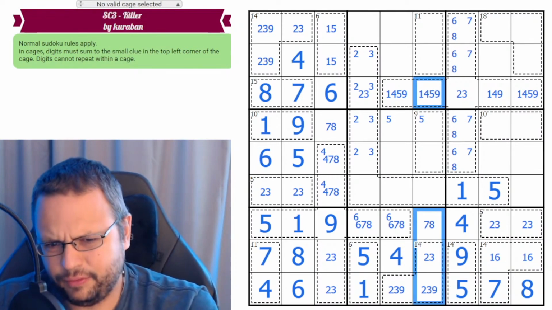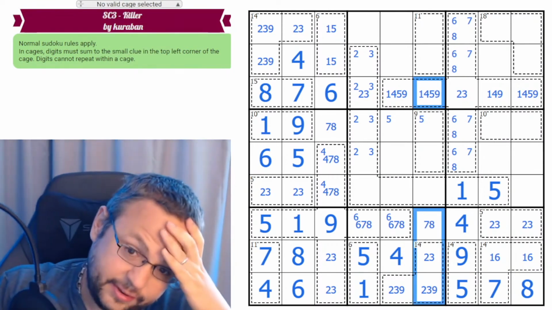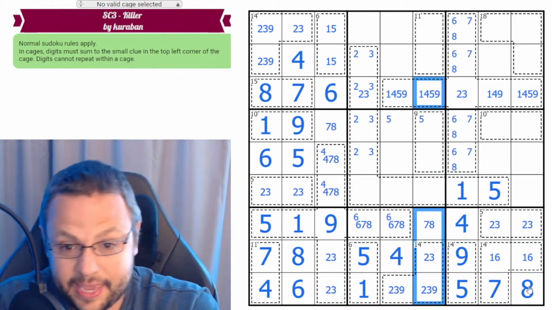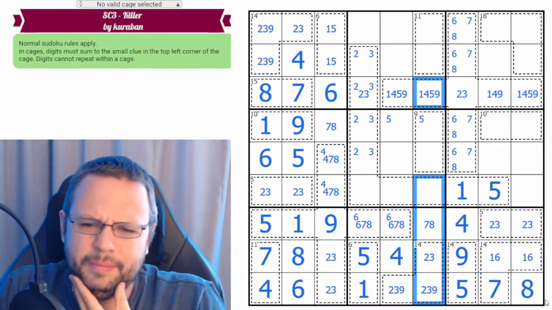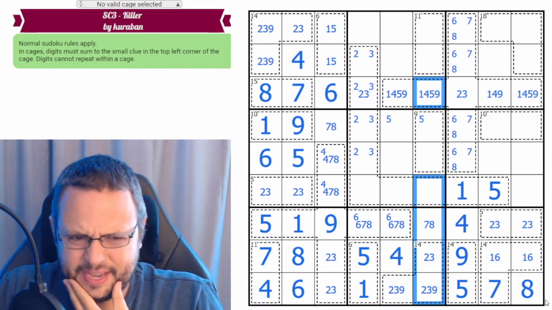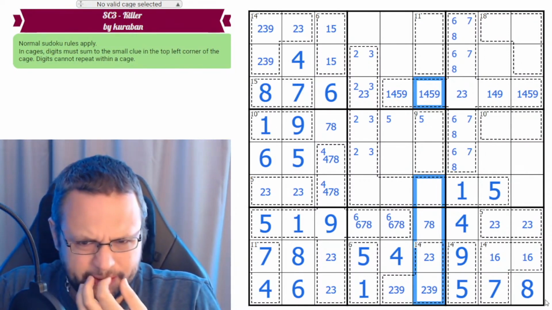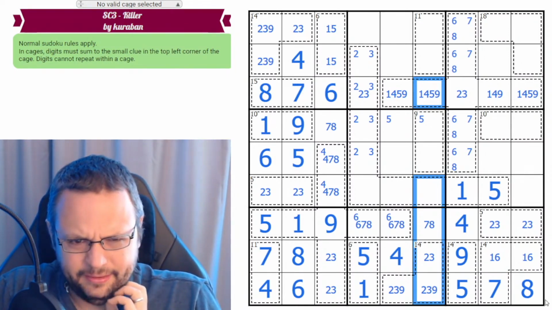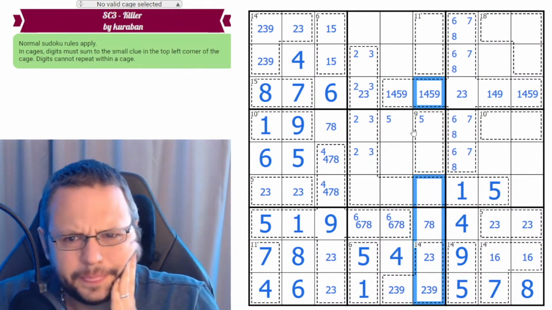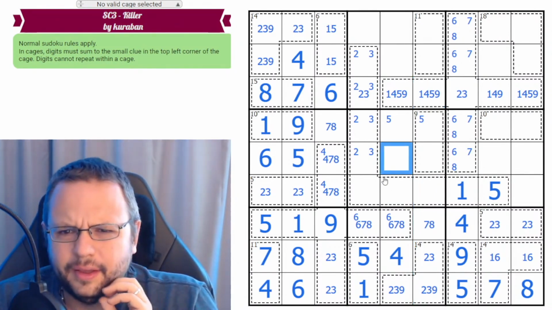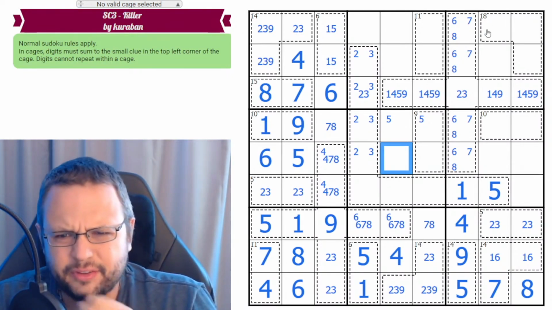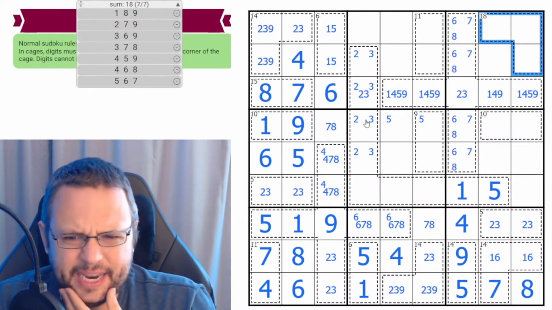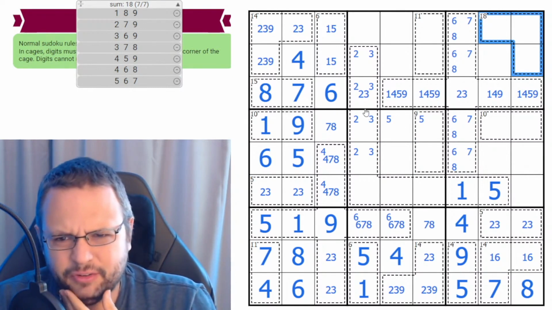Okay, so these need to sum to 45. These need to sum to 25 by the column. That doesn't sound great, if I'm being completely honest. Is there some digit I can't put in this 18 cage or have to put in this 18 cage or something?